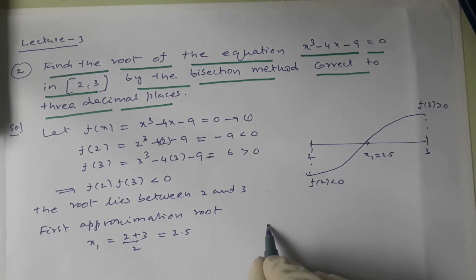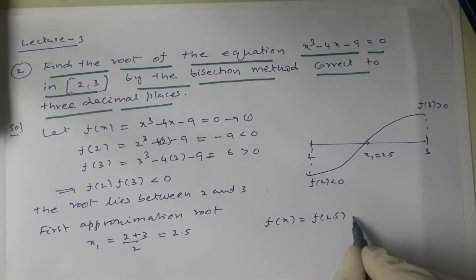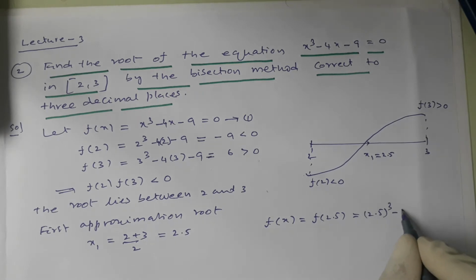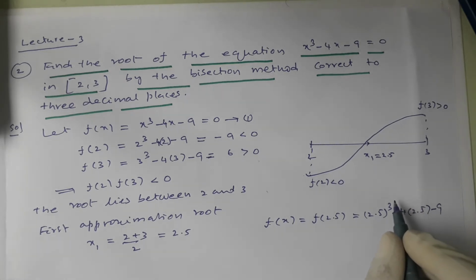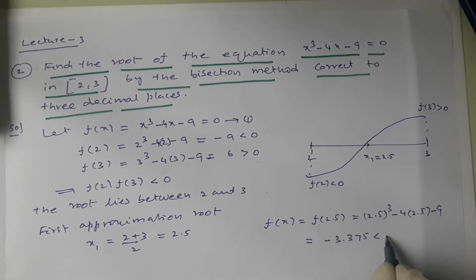So put the value in the function. f of x, that is f of 2.5, is equal to 2.5 whole cube minus 4 into 2.5 minus 9. On simplification it is minus 3.375, which is less than 0.